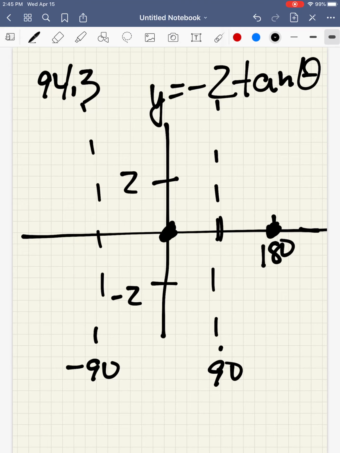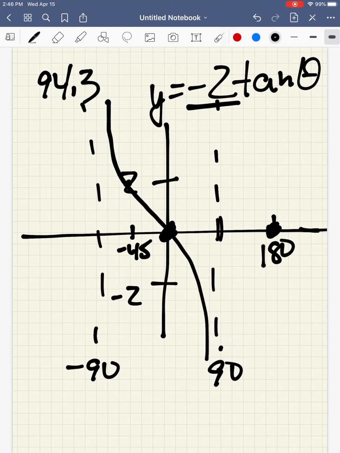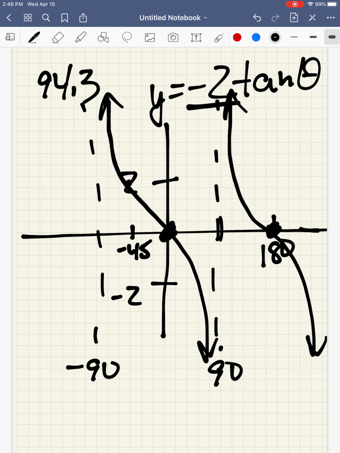But the negative part of it, where on the negative 45, this would have been a negative 0.71, because it's multiplied by negative 2, guess what? It's going to be positive. All right? So it would be up in here somewhere, and it would go like this. Okay? It still goes through 0, 0. But it's going to be decreasing.